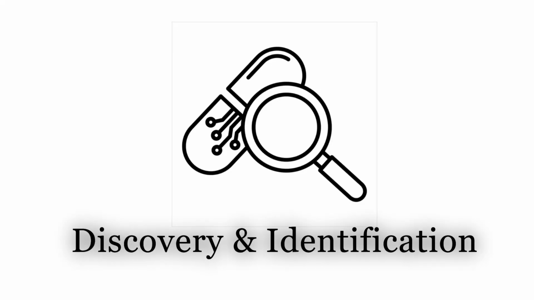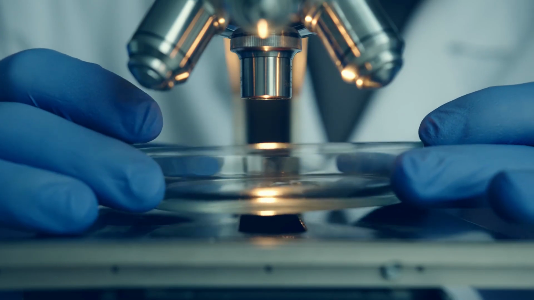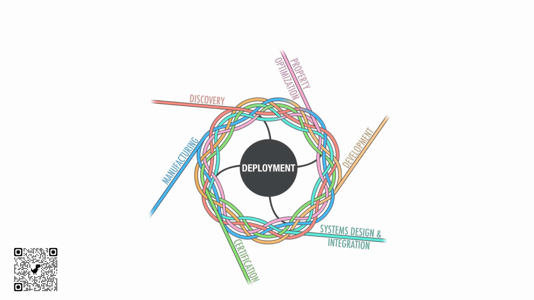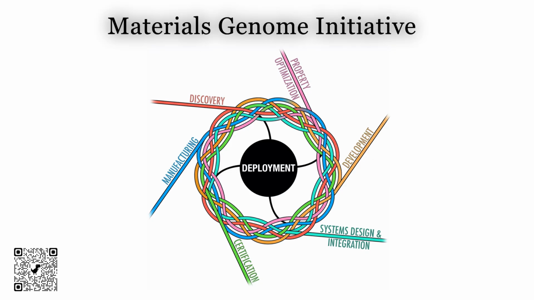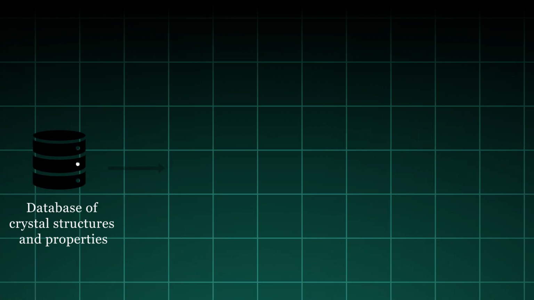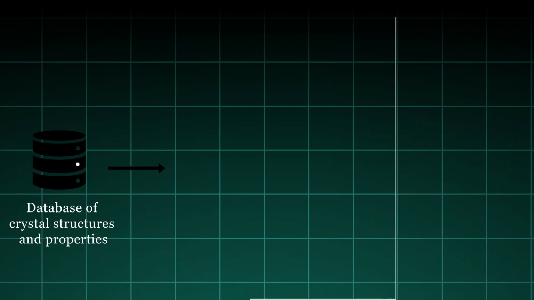So how do we apply this? Phase 1 is discovery and identification. Traditionally, finding a new material is like looking for a needle in a haystack. With AI, we use the Materials Genome Initiative approach. We feed the AI databases of crystal structures and properties.